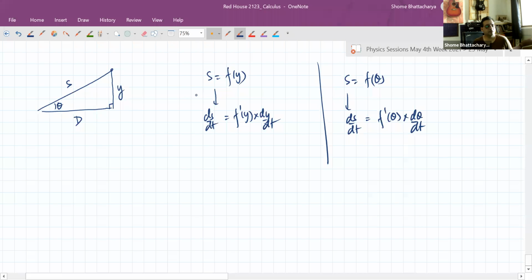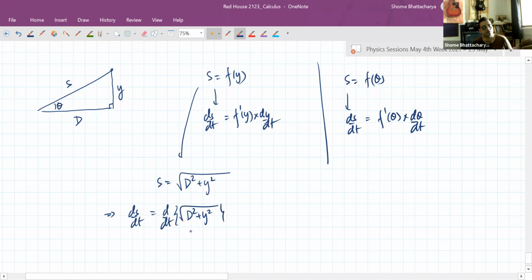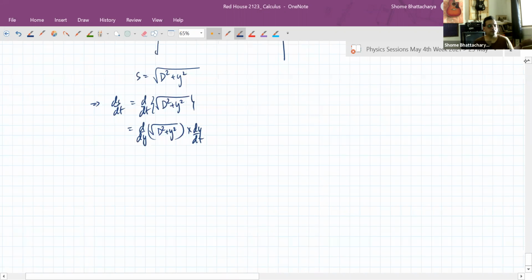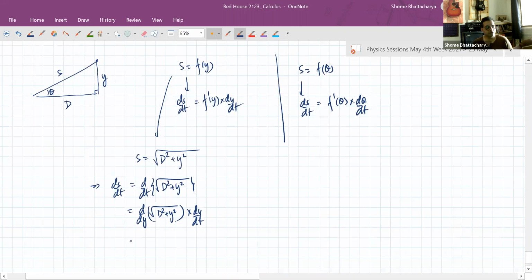If I go with this method, I have s is equal to square root of d square plus y square. So ds by dt is differentiation of square root of d square plus y square, so that is this into dy by dt. So next step, to differentiate this first term here, I'll have to use chain rule.